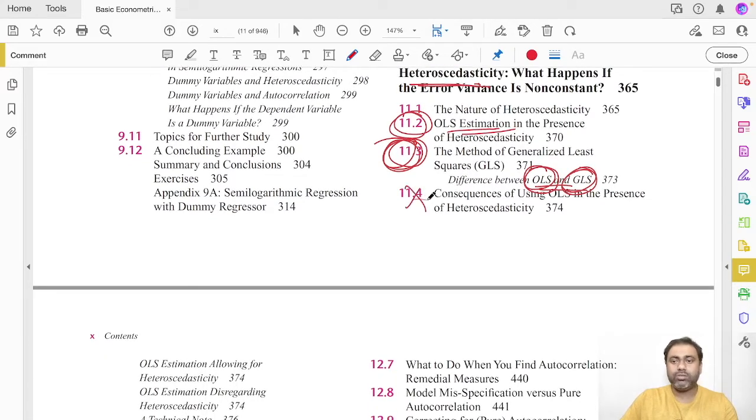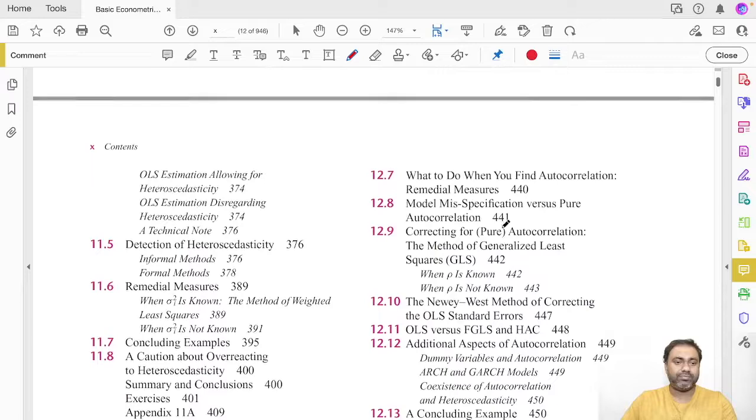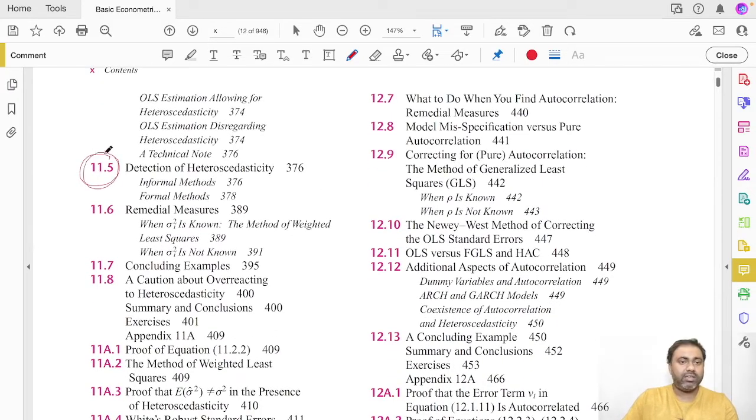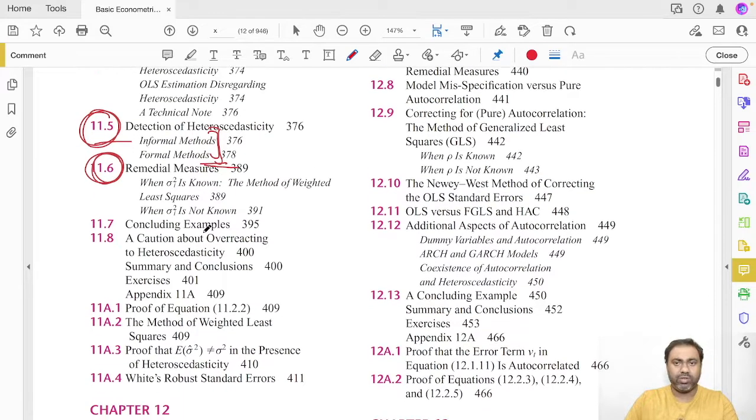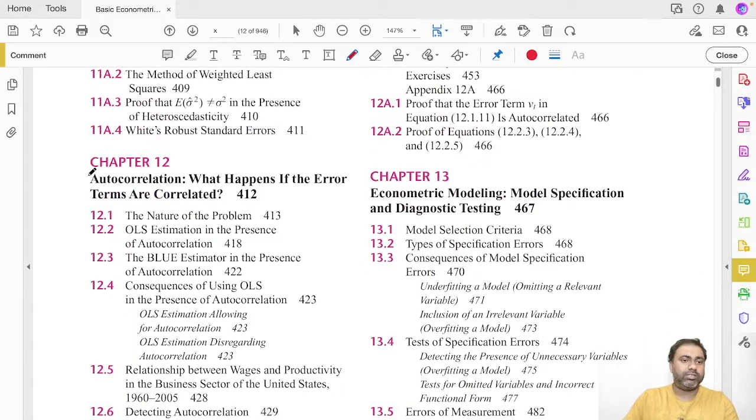Consequences of using OLS in the presence of heteroscedasticity: if there is heteroscedasticity and you are still using, let's say, OLS, ordinary least squares, then what are the consequences? Detection, again, is all about different tests, informal methods, and what the remedies are. They might not ask about remedies, but it's not a big thing. You can go through it. Again, autocorrelation. Autocorrelation is usually in time series models, better if you look.